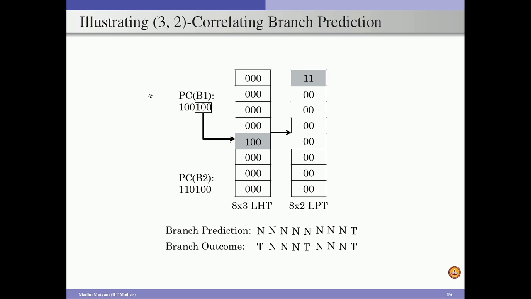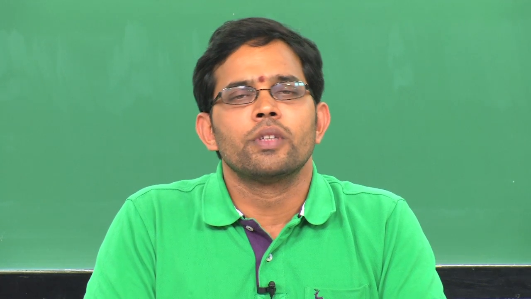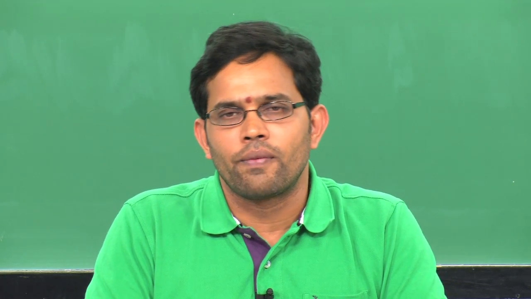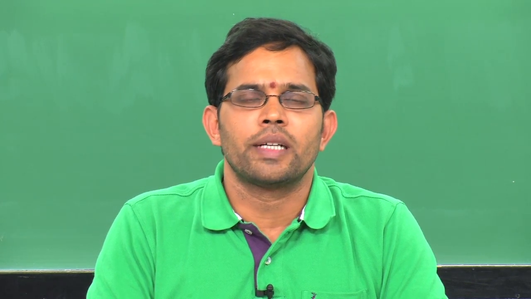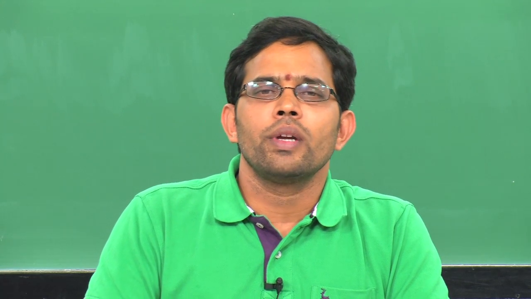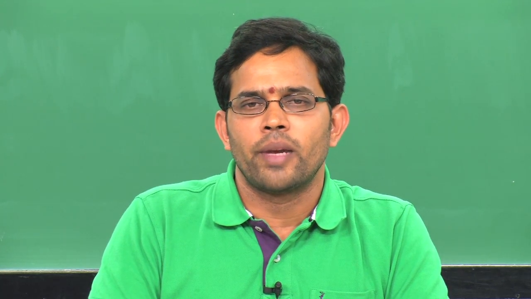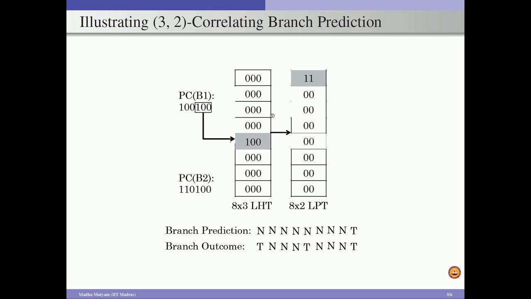So, it is always better to go for correlated branch prediction to improve the overall accuracy of our branch prediction mechanism. Of course, compared to the 2-bit dynamic branch prediction, we are going to incur extra overhead in maintaining the tables. Previously, with the 2-bit dynamic branch prediction, we were using just 16 bits because 8 entries each had 2 bits.